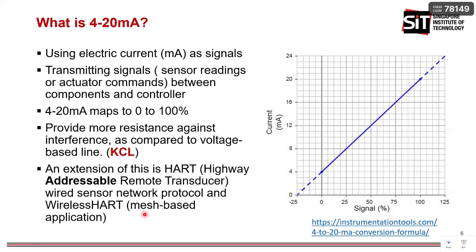Because in a mesh network, just like computers in the internet, you will need to know what is the IP address or DNS domain name when you want to do a search on the web. I mean, in the internet, you will use a web browser or search engine. You will type in some URL, and that URL will point to a specific IP address. All right, so this is what the term addressable is supposed to describe.